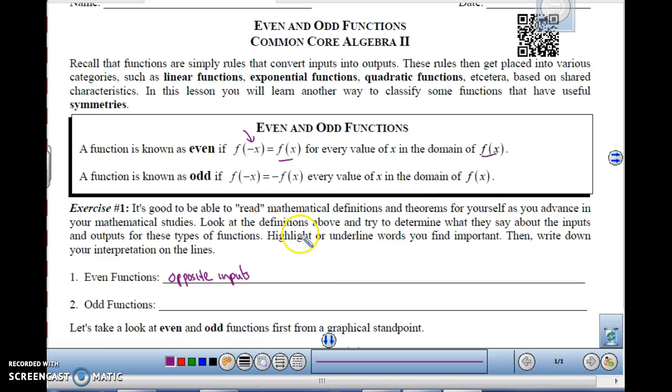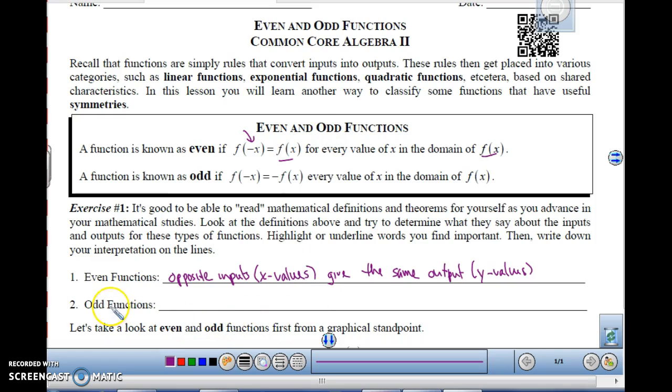All right, so opposite inputs, which is the x values, give the same output. Okay, so that is going to be the y values. So basically, if you have a value and you put in its opposite, you're going to get the same thing. So you put one value in, you get the function. You put the opposite of that value in, you're going to get the same function.